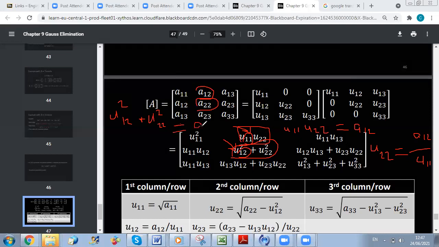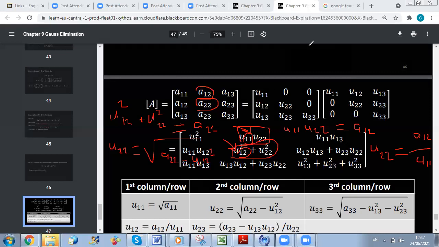So now, as a second method to calculate it, U22 is equal to radical of A22 minus U12 square.